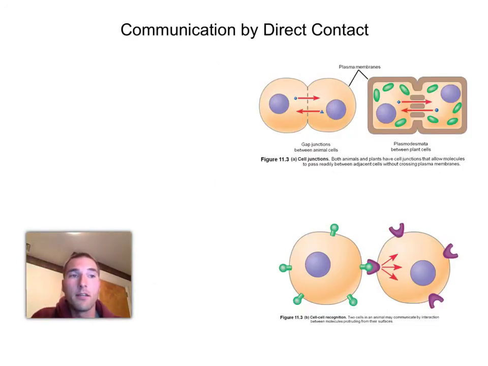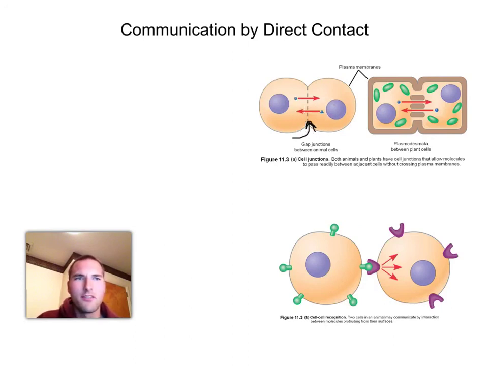One way that we find cells can communicate with each other is obvious. Earlier on in the year, we had learned that cells that are right beside each other, in both plant and animal cells, have the ability to make what they call gap junctions, basically little gaps in their cell membranes that can allow particles from one cell to freely flow to a cell beside them.